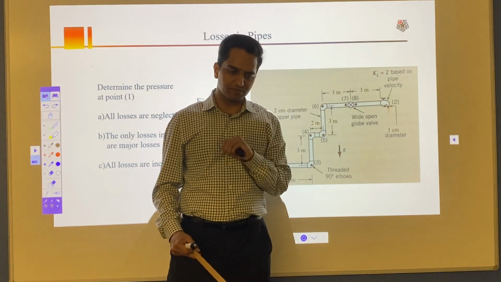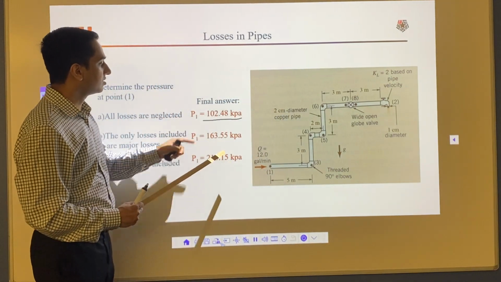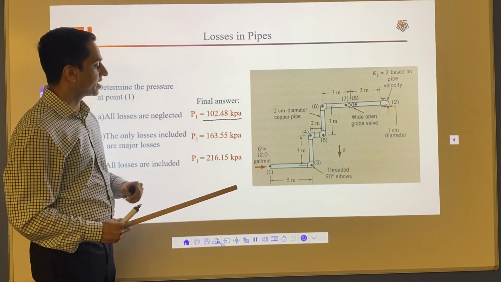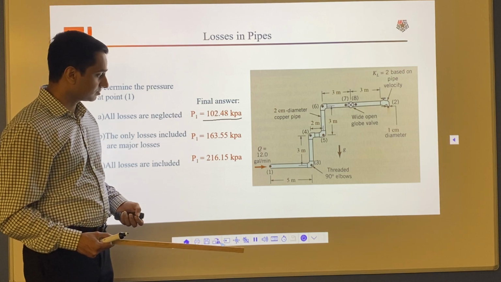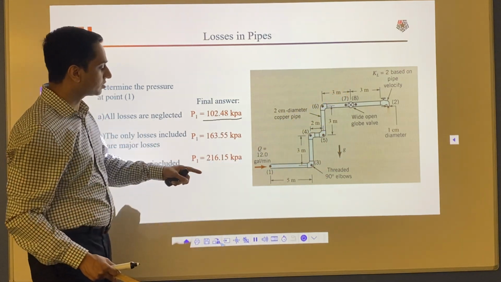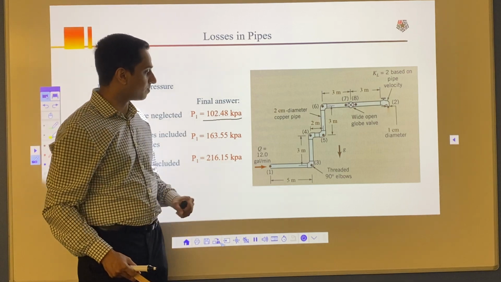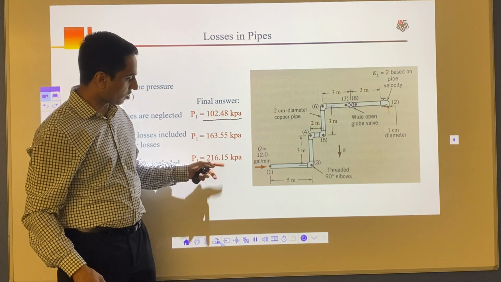Without that, you won't be able to send the water. So that's an extra 60,000, total 163,000. Jump from 102. And then you add another 60,000 if you consider minor loss. So altogether 216 kilopascals. So compared with no loss at 102, it is more than double when all losses are included.